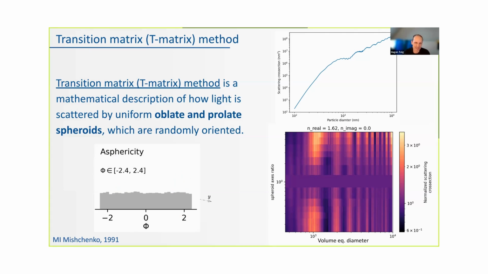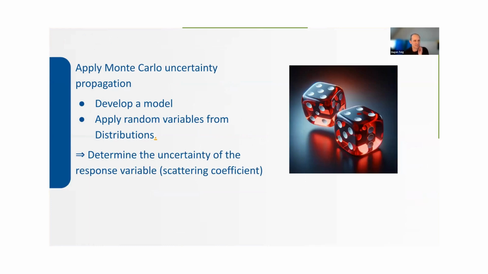So we do not need to develop another distribution here. For these aspheric properties, we of course use the very same distribution like the one we used above for the measurements. Okay, this brings me now to the Monte Carlo approach.